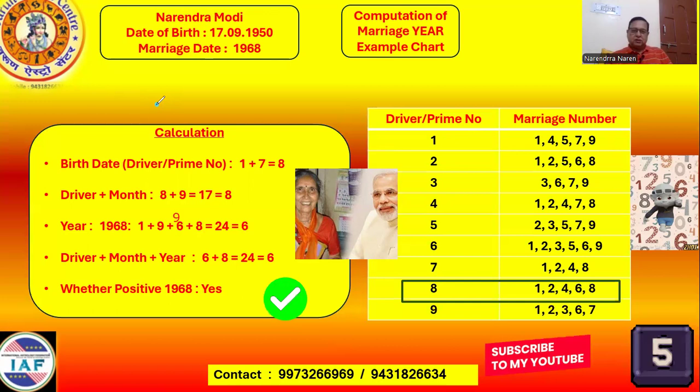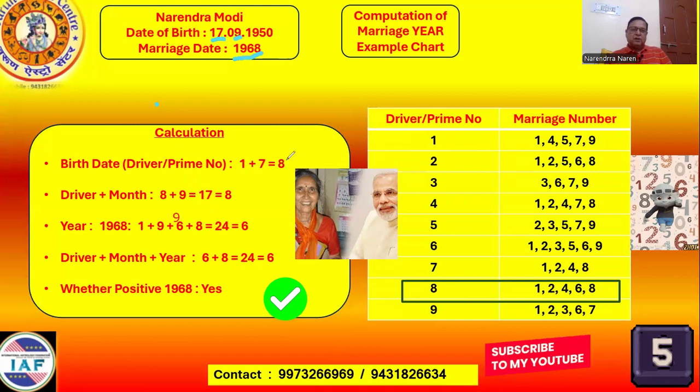Date and month are not published or not available, but we are concerned with the year of marriage only. So we will consider date and month, add all these and convert into a single digit, and whatever number comes, we will see whether this number appears in the birth number.